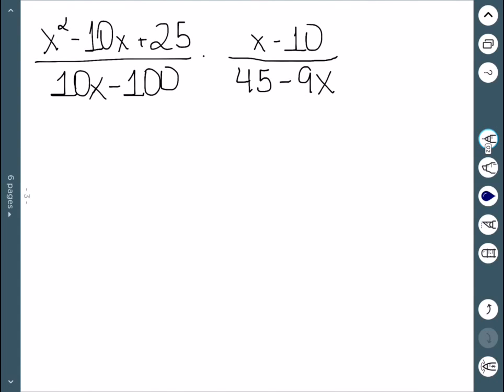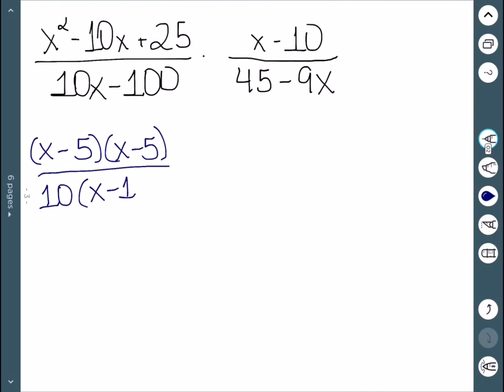Looking at one more, if we start by factoring, two numbers that multiply to be 25 and add to be negative 10 are negative 5 and negative 5. On the denominator, I can factor out a 10. That leaves me with x minus 10. On the right, the top is an x minus 10, and the denominator, I could pull out a 9.